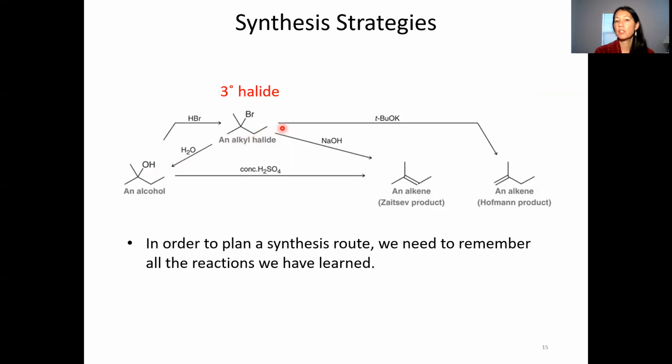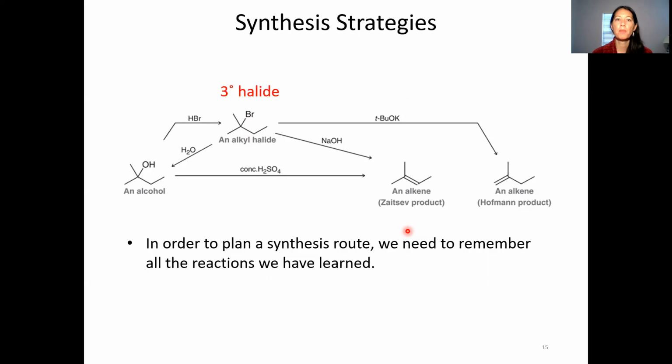This alkyl halide could also be deprotonated at a beta position and generate a Zaitsev alkene product. If you wanted the Hoffman product, you can treat with a bulky base and get this less substituted alkene. You could also convert your alcohol to the Zaitsev alkene as well. Okay, so you have a lot of different methods to synthesize products.